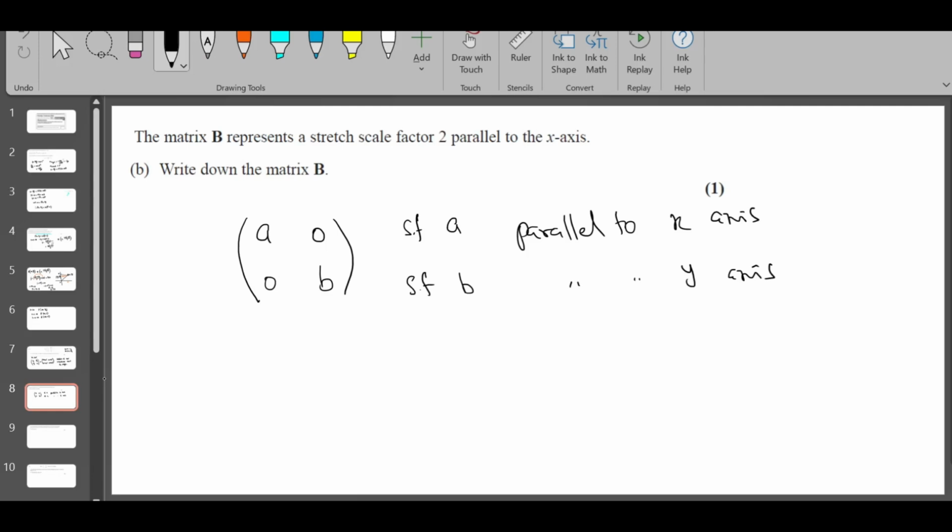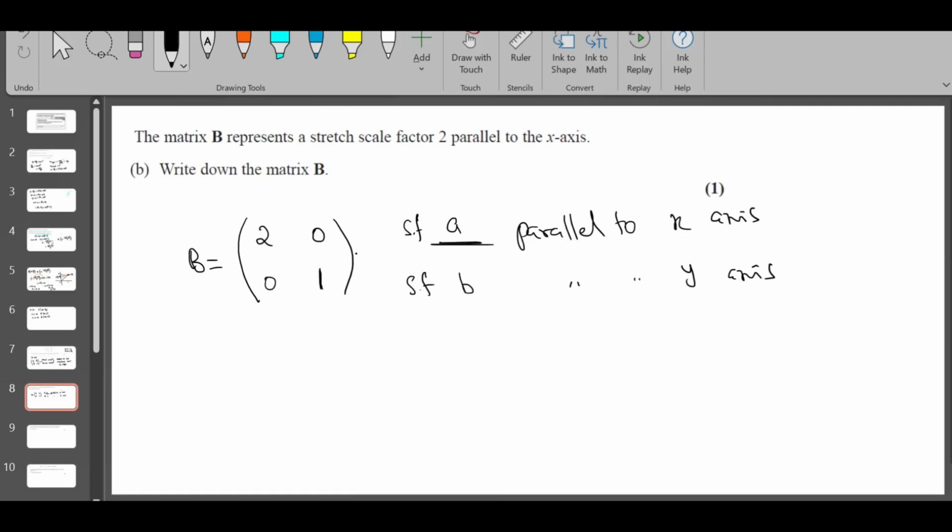Okay, but in this question it says matrix B represents a stretch by scale factor only parallel to x-axis. So in that case B should be just 1, and the scale factor this is 2, so that's the matrix B.